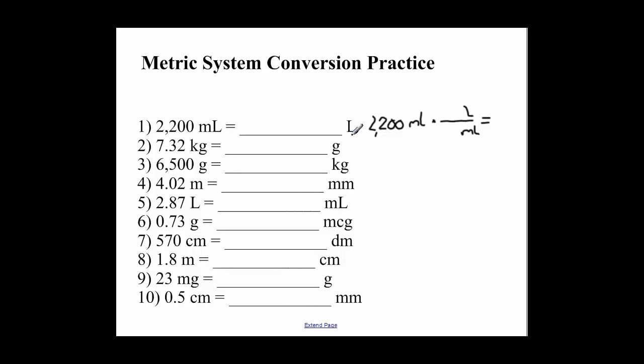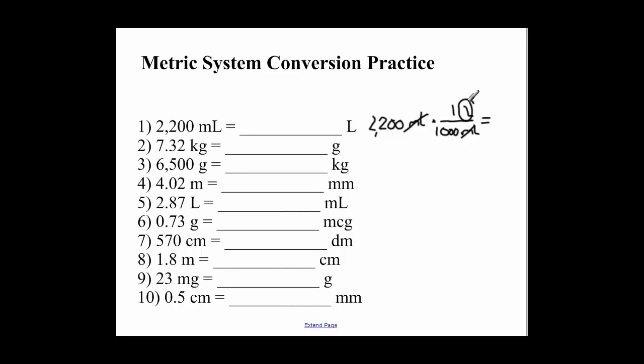And then we can say, well, what is equivalent? How many liters is equal to how many milliliters? Well, we know based on the prefixes, 1 liter is 1,000 milliliters. So when we multiply this, the unit of milliliters will divide out, and we're left with a certain number of liters.